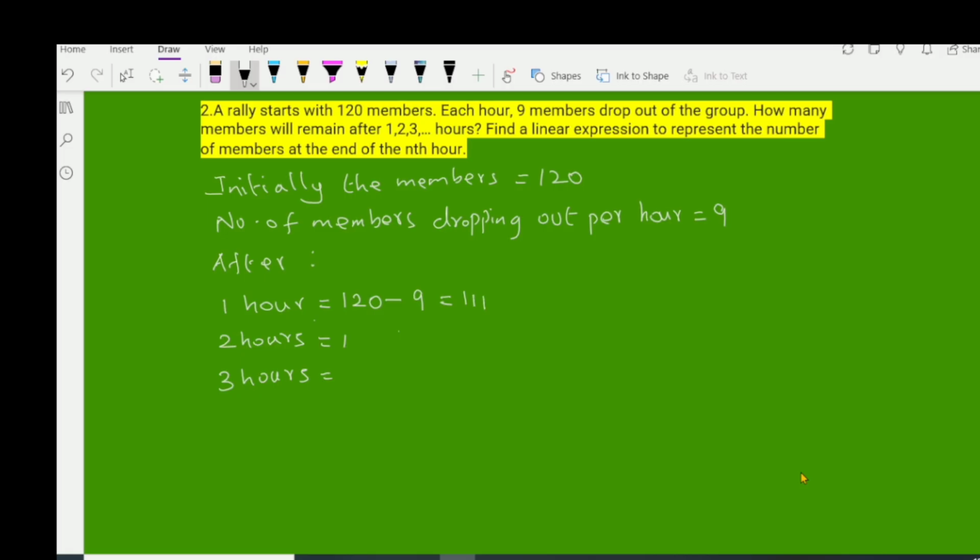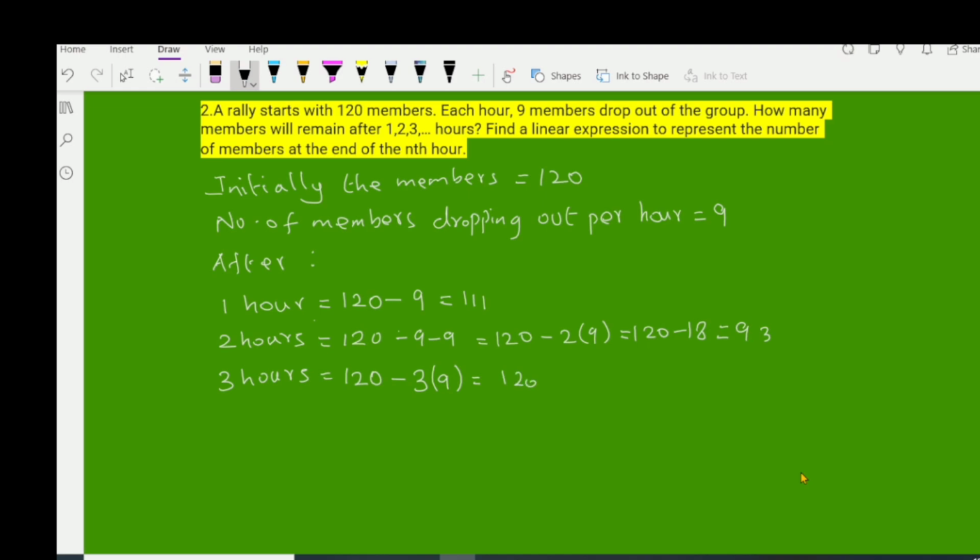After second hour, okay, how much? 120 minus 2 times 9 members. So 120 minus 2 times 9 is nothing but 120 minus 18. How many members? 93 members. Then after the third hour, 120 minus, directly you can write 3 times 9 members.